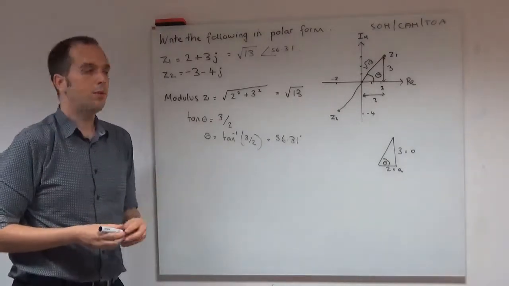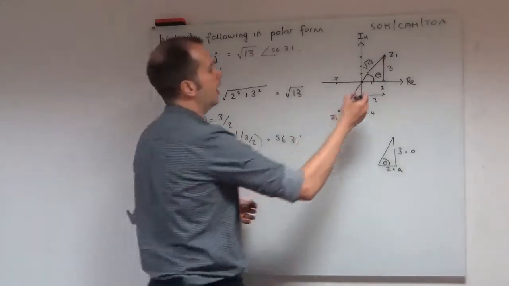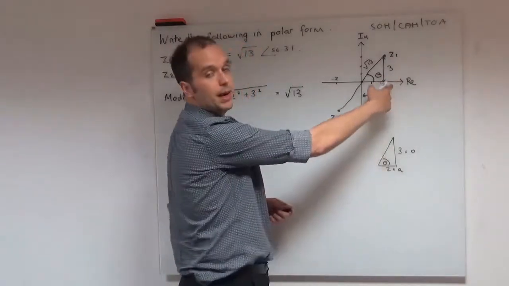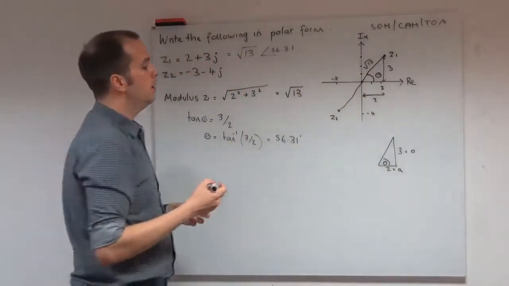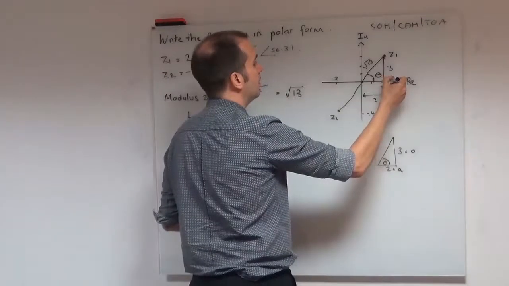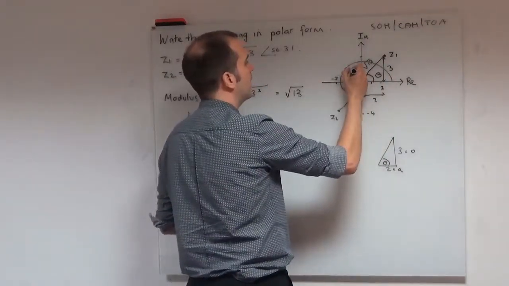So I think it's important to write down the theta that we're finding and r. So theta is the angle it makes from the real axis going round anti-clockwise. So for this one, our theta is actually all of that angle there.